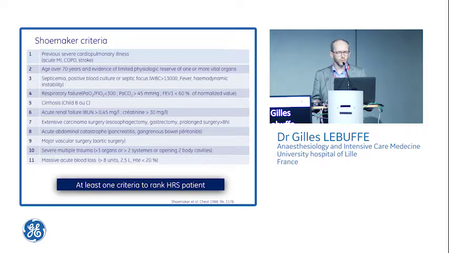As you can see, previous severe cardiopulmonary illness, age over 70 years with evidence of limited physiologic reserve, septicemia, respiratory failure, cirrhosis, acute renal failure, extensive carcinoma surgery with some surgery at high risk of surgical complication, esophagectomy, gastrectomy, and prolonged surgery greater than 8 hours. Acute abdominal catastrophe, major vascular surgery, severe multiple trauma, and massive acute blood loss. At least one criterion defines a high-risk surgical patient.